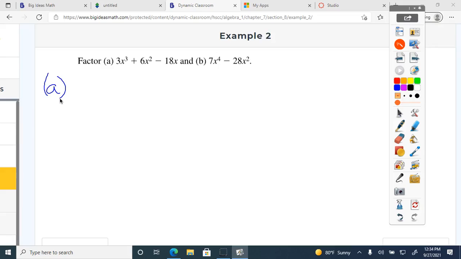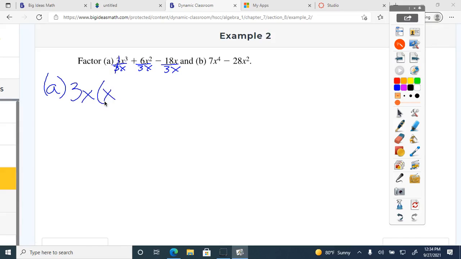What will go into 3, 6, and 18? 3. So 3, x cubed, x squared, and x. What do they all have in common? What's the smallest one? X. So I'm going to take out 3x. Those cancel. What's left here?